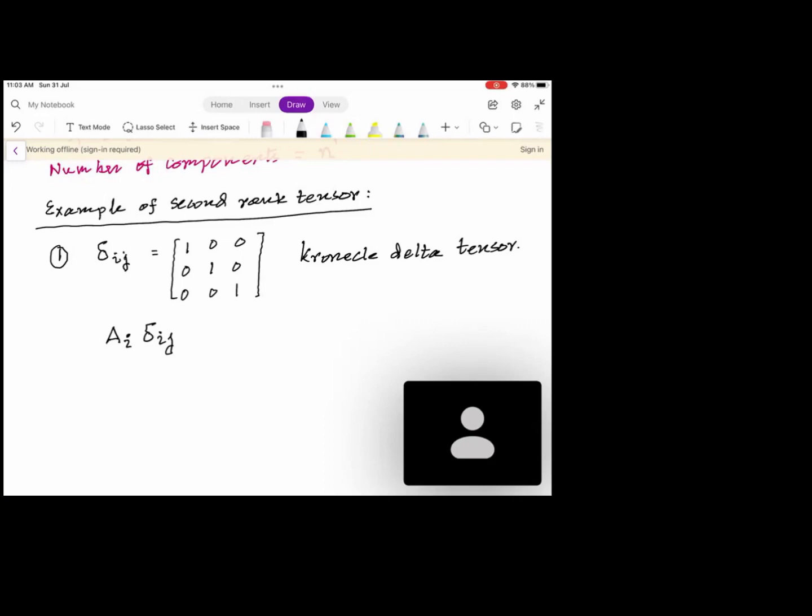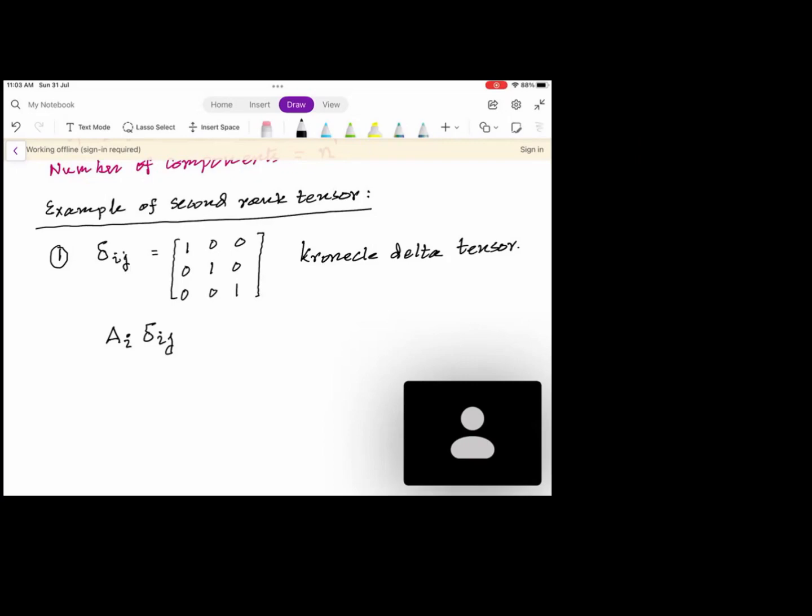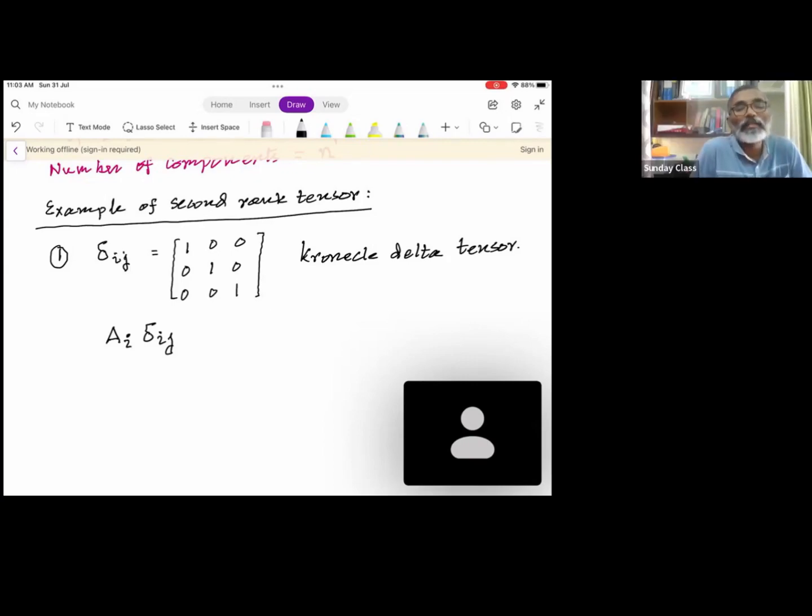Rank 1. So here i is repeated. Which is the dummy index and which is the free index? i is dummy and j is free.